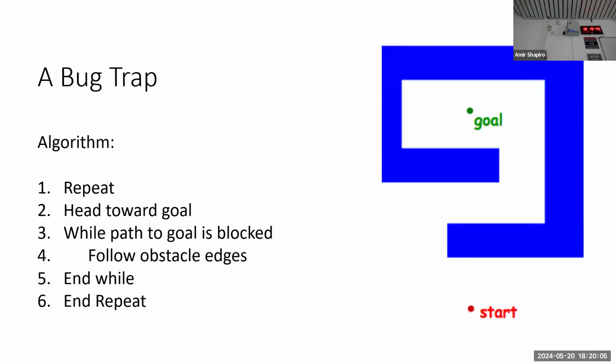It gets here again, and we continue that way, and the goal is trapped in a circle, and the algorithm won't work. So it's not a good idea. In this kind of obstacle, the algorithm will not find a path to the target.